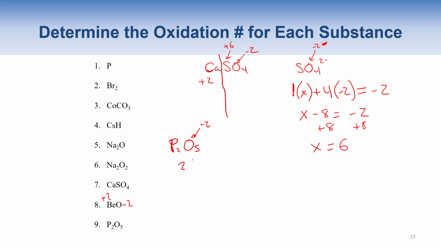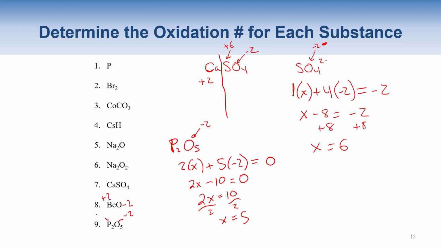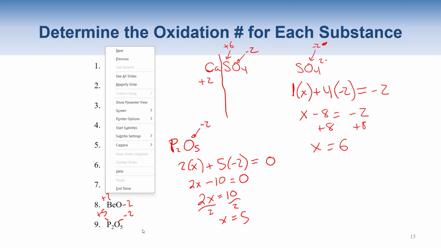So we're going to do 2 times x for phosphorus plus 5 times the -2 for oxygen equals 0. 2x minus 10 equals 0. We move the 10 over to the other side. 2x equals 10. Divide both sides by 2. x is equal to 5. So oxygen is -2. Phosphorus is +5.